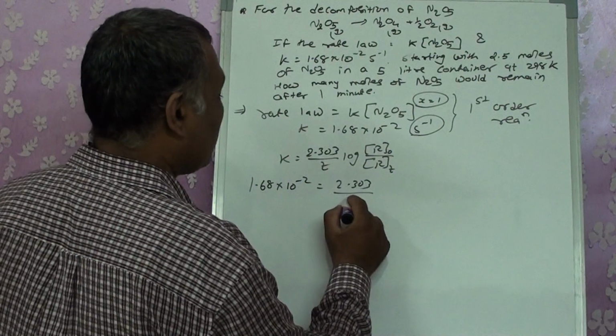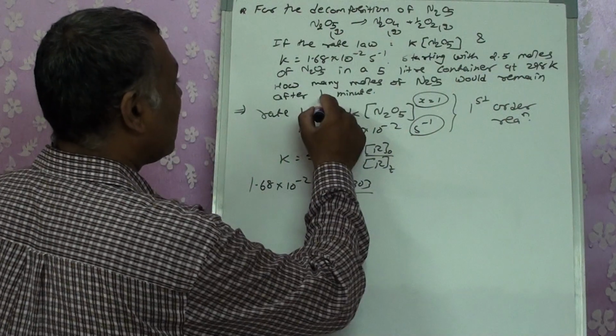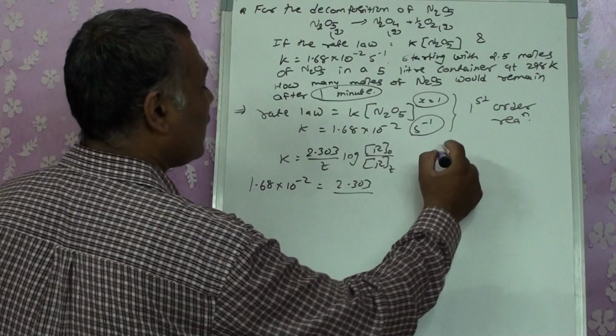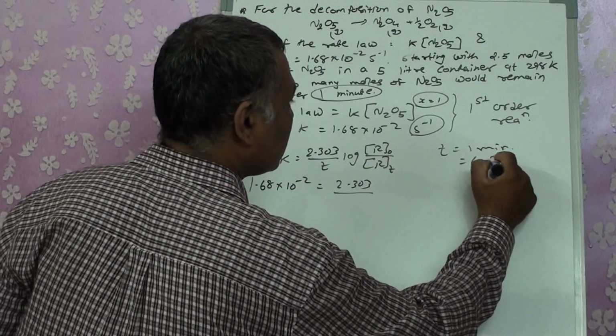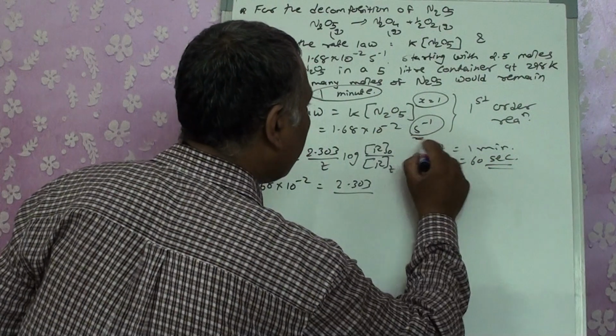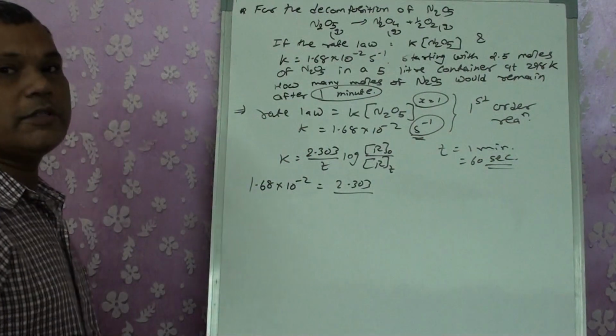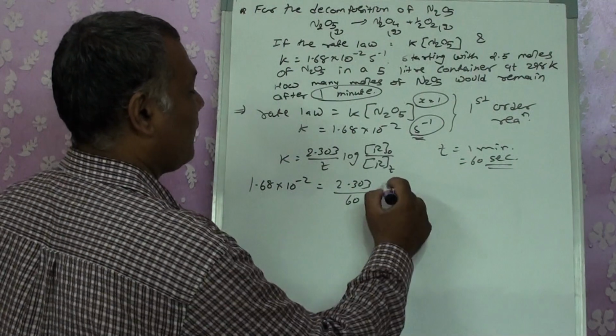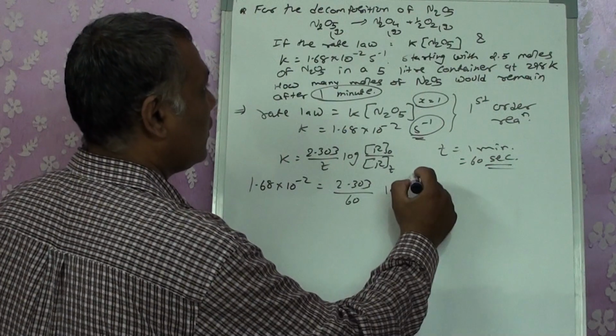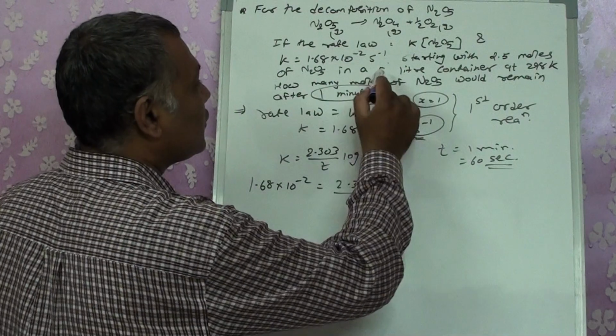After 1 minute, I have to convert it: 1 minute equals 60 seconds, because K is given in terms of seconds. So we put it as 60 log R0, the initial concentration.